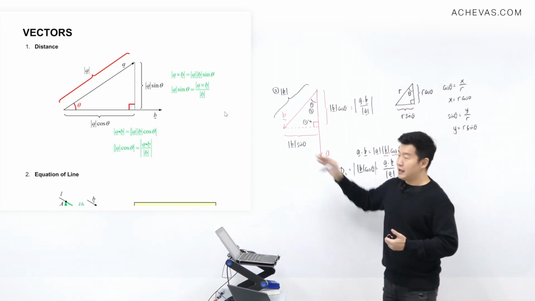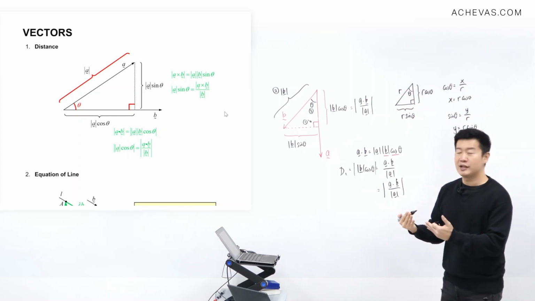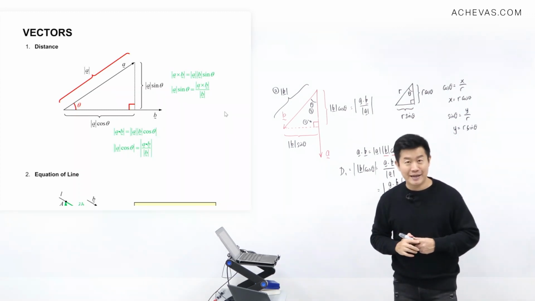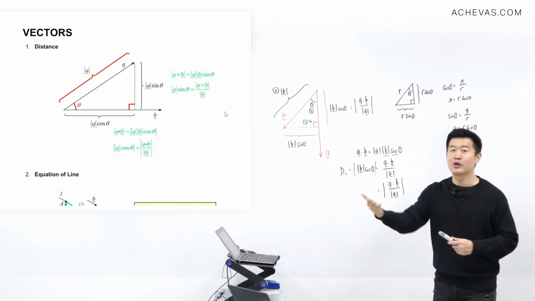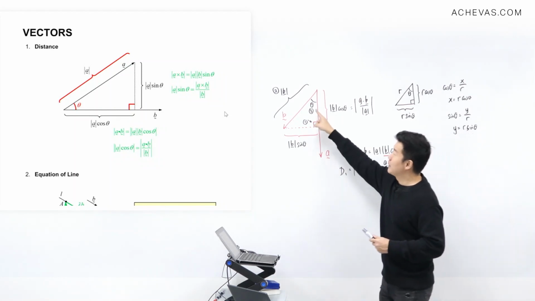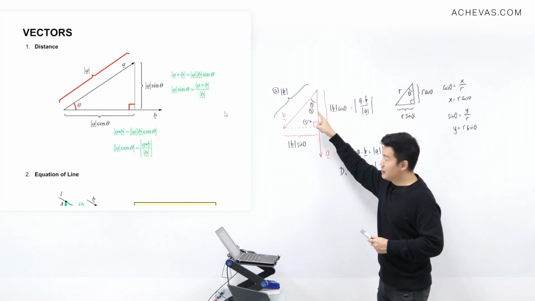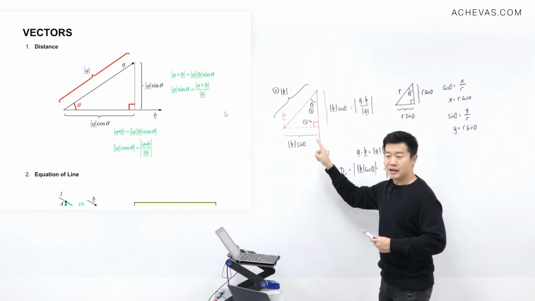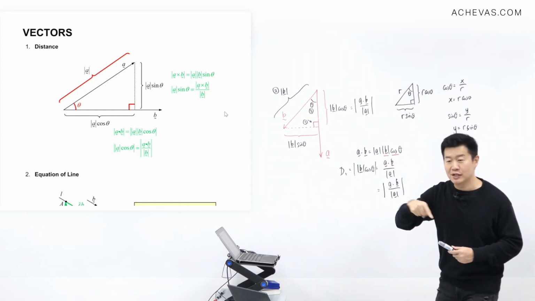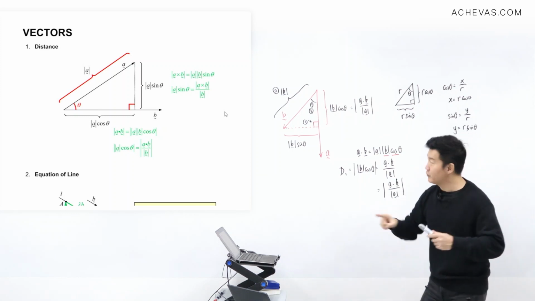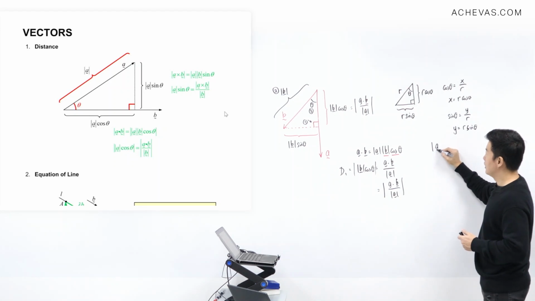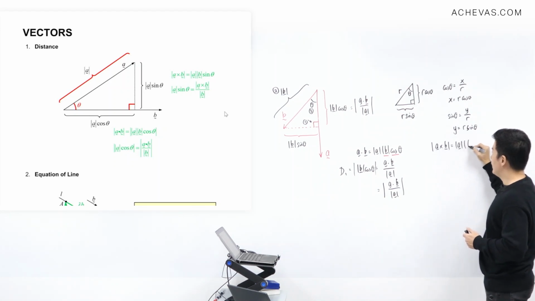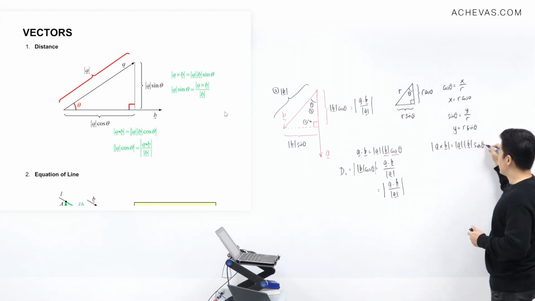How about this distance? Geometrically, we know this distance is modulus of b sine theta, and sine theta comes from the cross product. Because of the place that we have chosen to assign theta, we know this theta in the cross product equation is the angle between two known vectors, A and B. So now I can also quote this formula: modulus of A cross B is equal to modulus of A, modulus of B, sine theta.